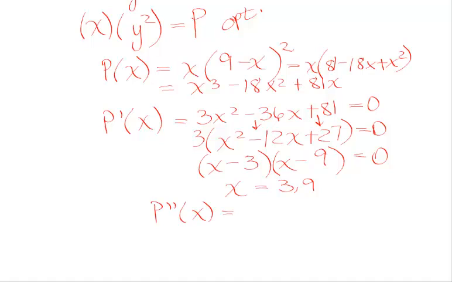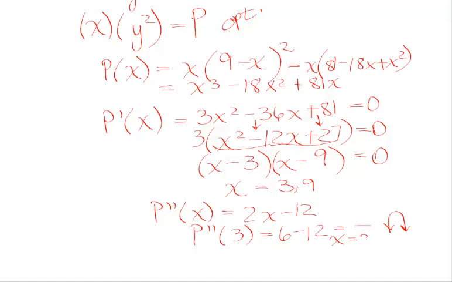Instead of running the first derivative test, and I'm going to go back to that, let's run the second derivative test. When I plug the critical point of 3 into the second derivative, I get a negative value. That tells me that P is concave down and that x equal 3 produces a max.